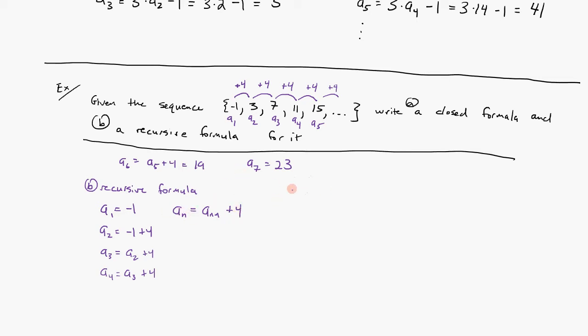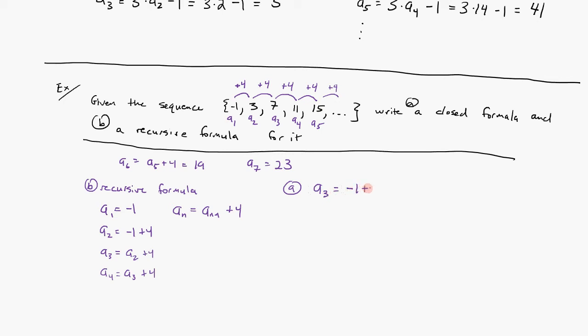Okay, so now let's try to get a closed formula for this. Let's try to write out the recursive formula, right? So a sub 2 is -1 plus 4. Let's use this recursion and plug it in to see what we get. So a sub 3 is equal to a sub 2 plus 4.